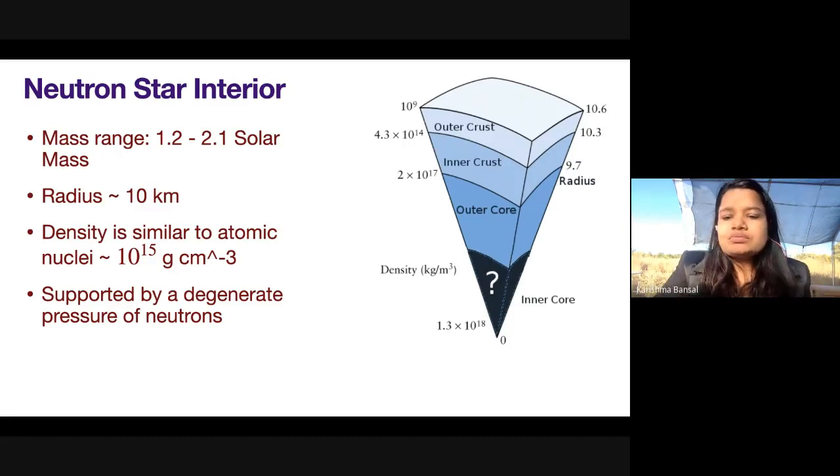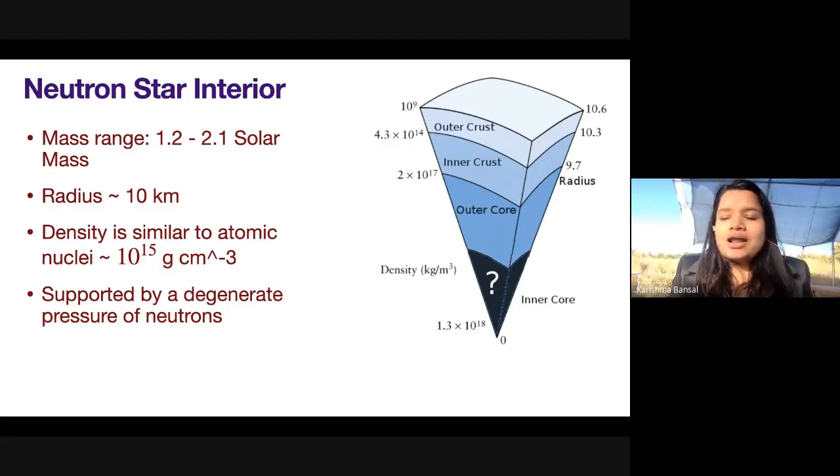So you can see that the innermost core has a density of about 10 to 18 grams per centimeter cube. To give you a perspective, if you take a spoonful of neutron star, it would be equivalent to a whole gigantic mountain maybe on the earth. So it's really dense.